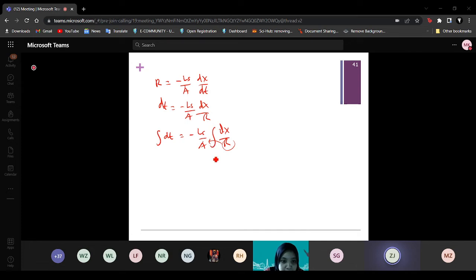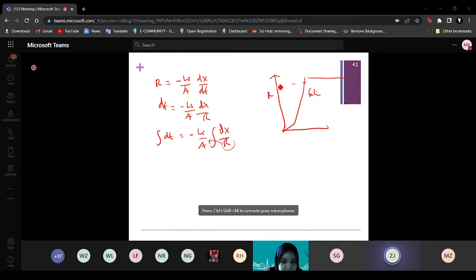But now in the falling rate, remember, this is constant, this is falling, this is R. If you take any value here, the R value is not the same from one point to another point. Let's say this is 0.4, 0.5, 0.6. You see the R is changing, it's not constant.